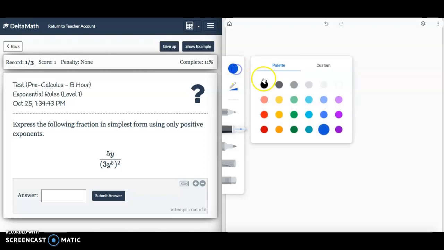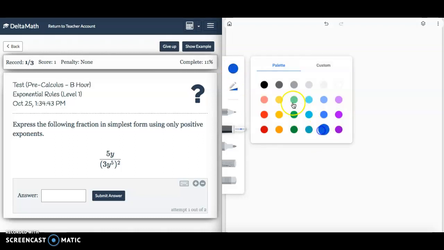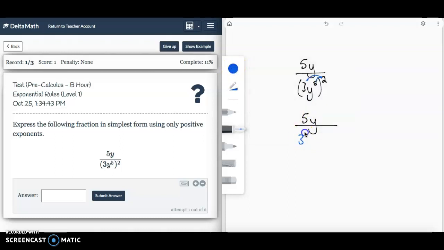When I do that, my 5y on top stays exactly the same. And in the bottom, I will have 3 squared. And then y to the fifth squared is an exponential expression to another power, a power to a power, so I multiply the 5 and the 2. I'll end up with y to the 10th on the bottom.